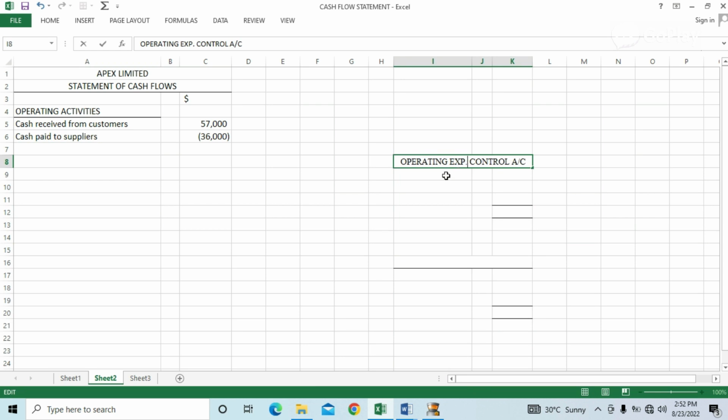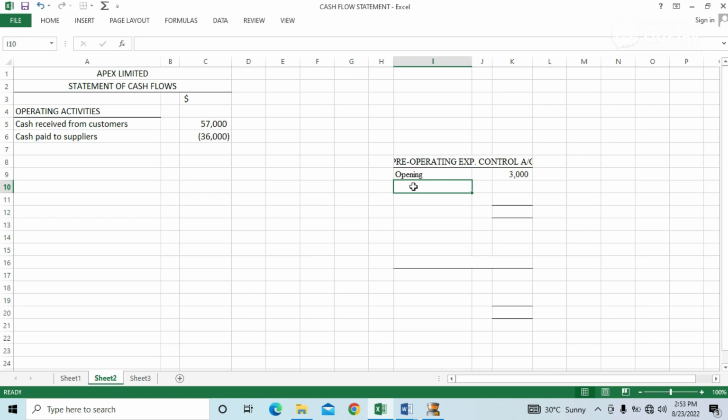The opening balance, as we have seen, was 3,000. So 3,000 was the amount that the organization deposited with the authority responsible for managing the pre-operating expenses.